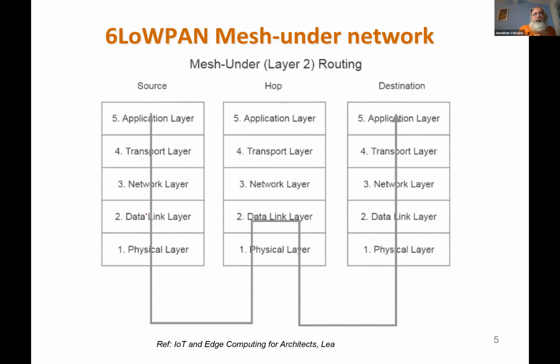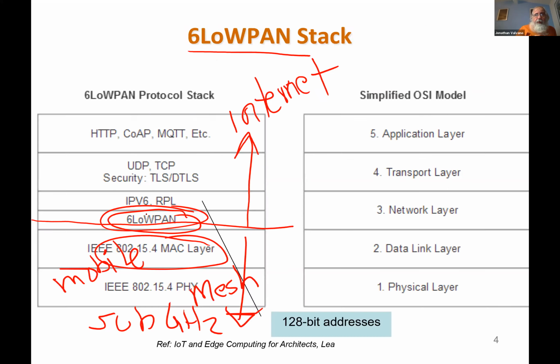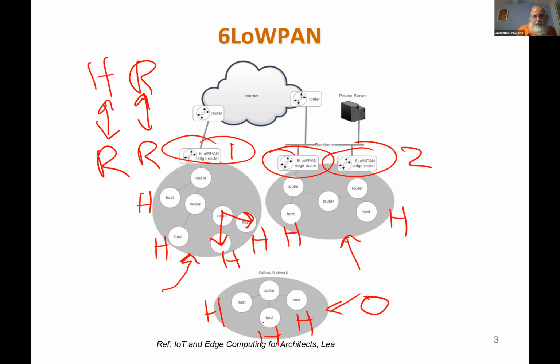I don't physically know how this could possibly work, because this layer doesn't necessarily know where things are, but it might work for simple networks, I guess, where there's a single router and a one hop distance, where whenever you want to send it, you send it to the router, and the router is connected.